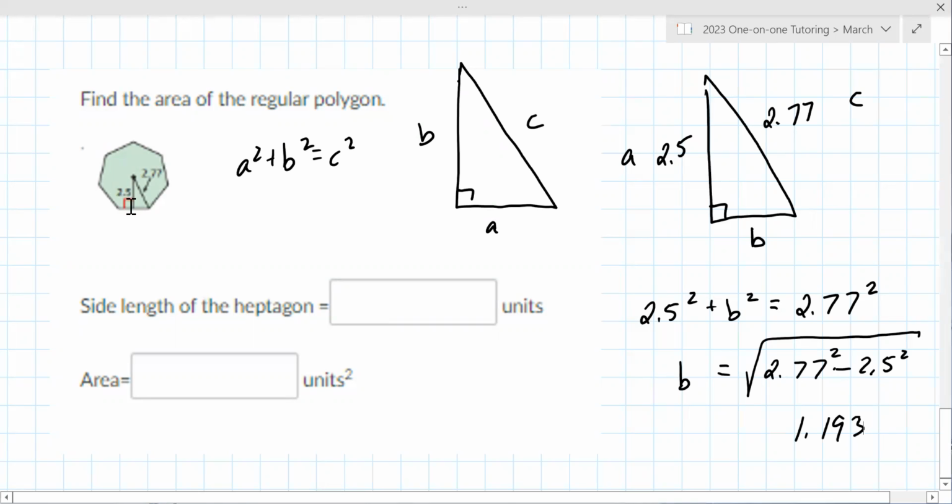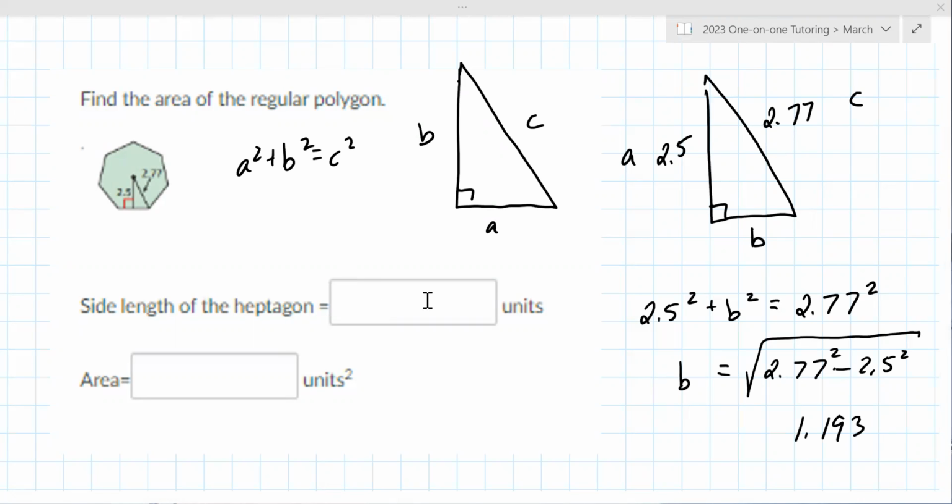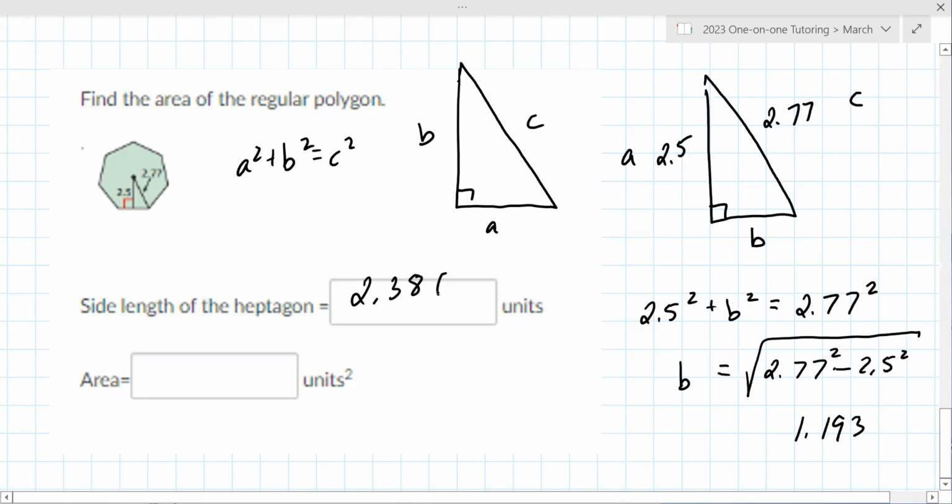So a side would be 2.3857. Yeah. And again, I don't know how many places you're supposed to round to because it doesn't say. It bothers me a little bit, but you know this assignment's more than I do. Okay. So that's the first box, 2.386, we'll say.